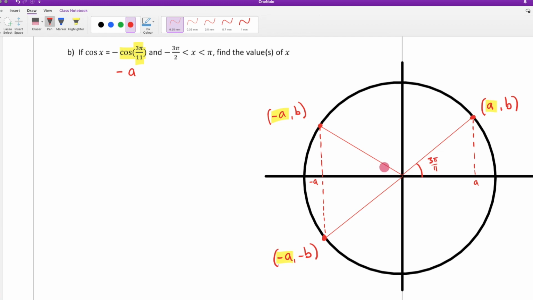Because these are symmetrical, this angle right here is simply going to be 3 pi over 11. So too, this down here is also going to be 3 pi over 11. Because if it's all symmetrical, this has to be 3 pi over 11, and this one down here has to be 3 pi over 11.